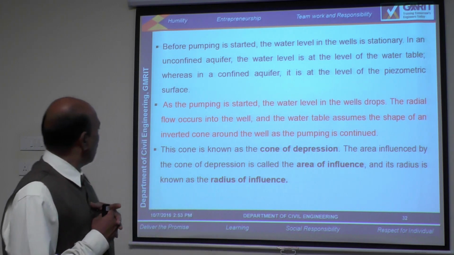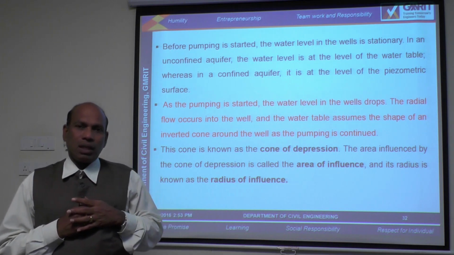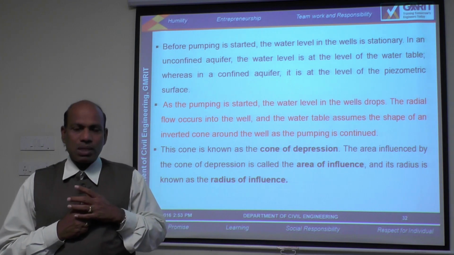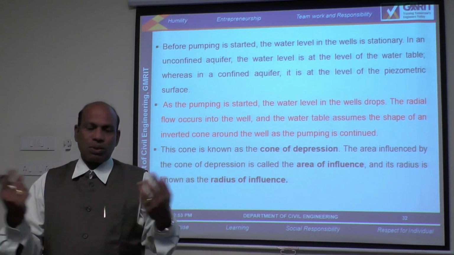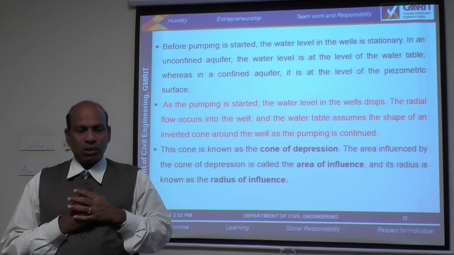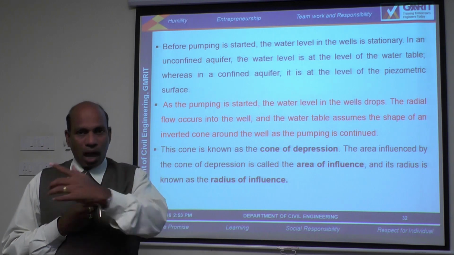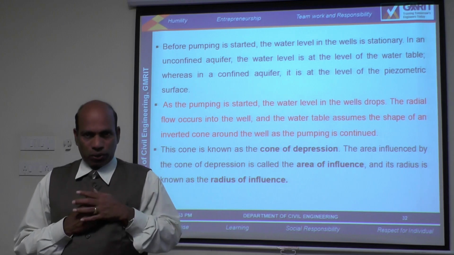As the pumping starts, the water level in the well gradually reduces, forming a radial flow in and around the well. It is assumed to be like an inverted cone around the well where pumping is continued.